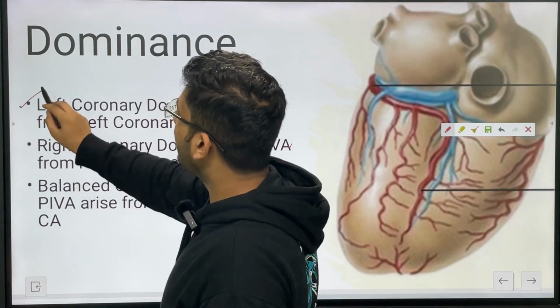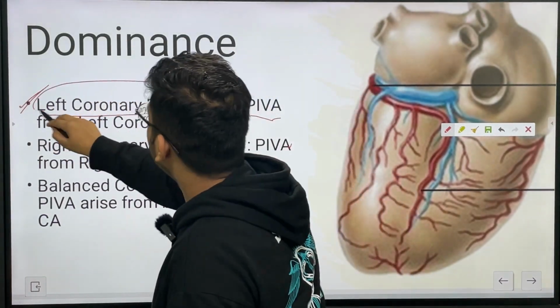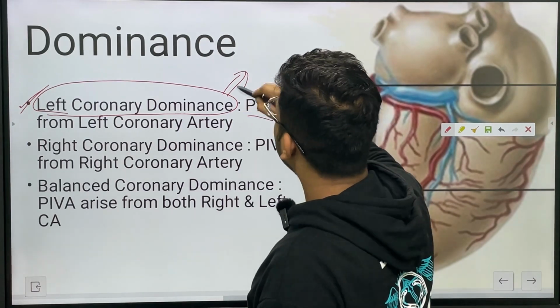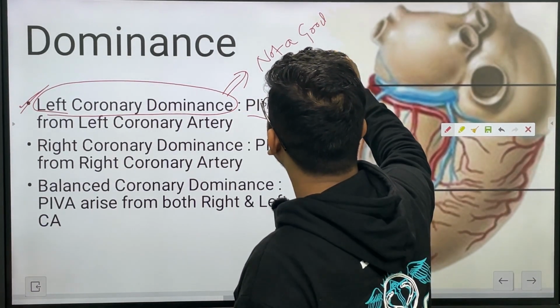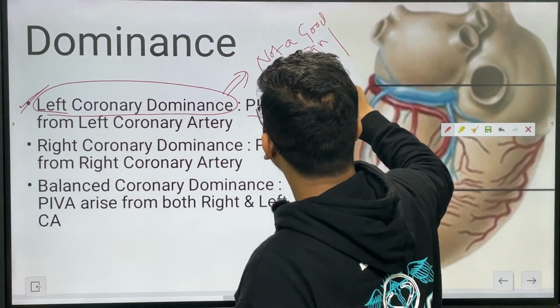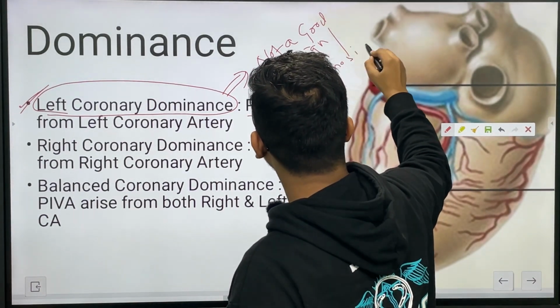Then it will be the case of left coronary dominance, which is not a good sign or prognosis. Why?